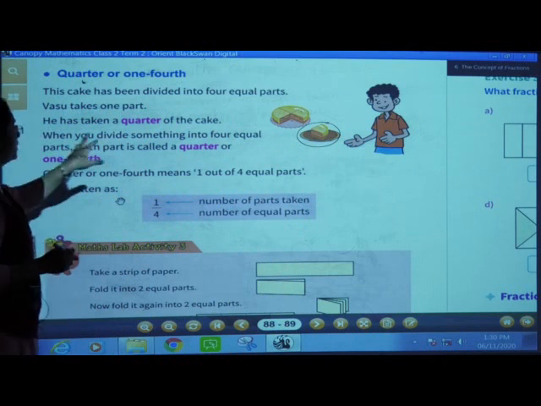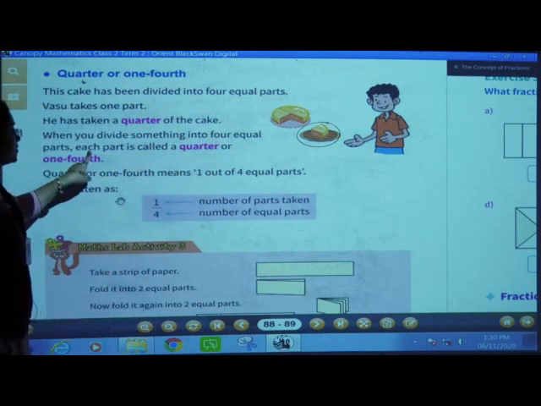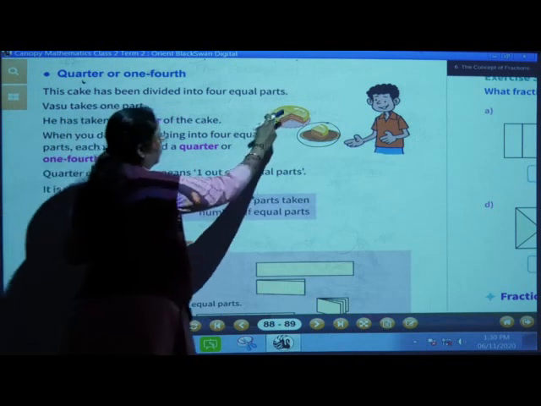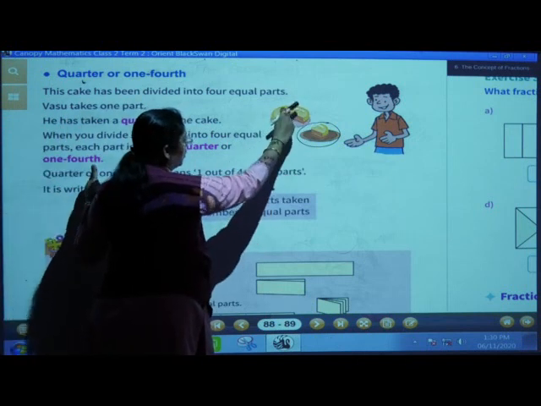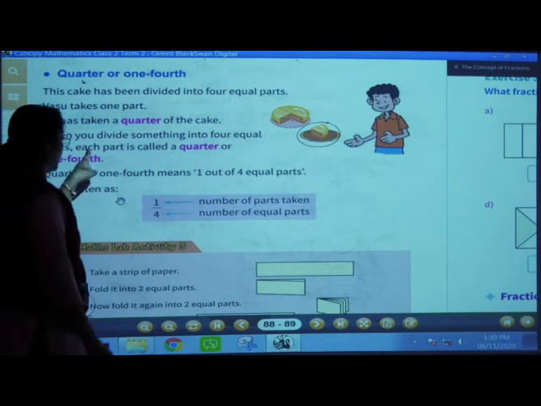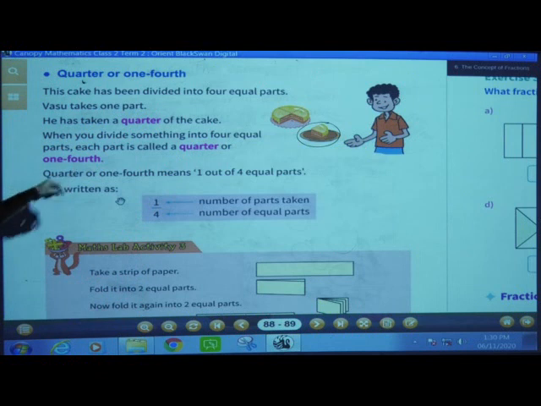When we divide something into 4 equal parts, 1, 2, 3, 4, each part is called a quarter or 1/4.